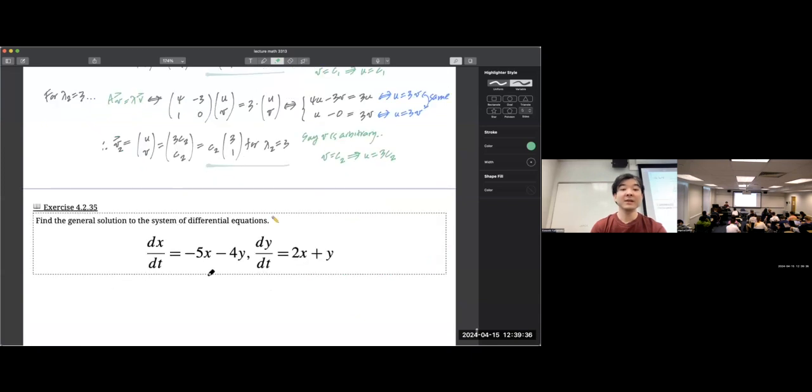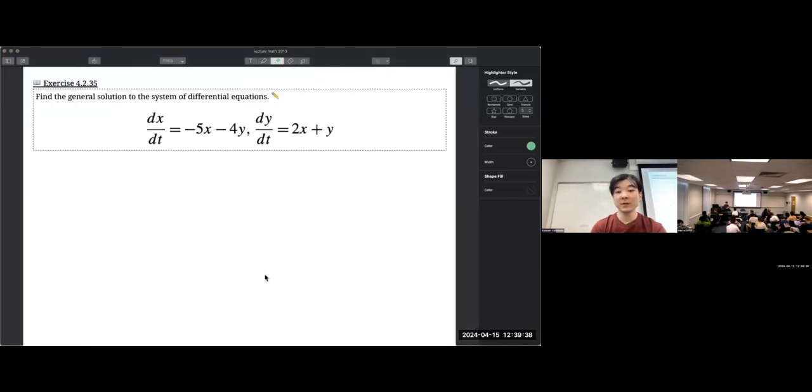Okay, how does this connect to solving a differential equation? So let's look at this one. This is just from the book, but we should be able to rewrite it: on top of each other, you get dx over dt is equal to 5x minus 4y. dy over dt is equal to 2x plus y.